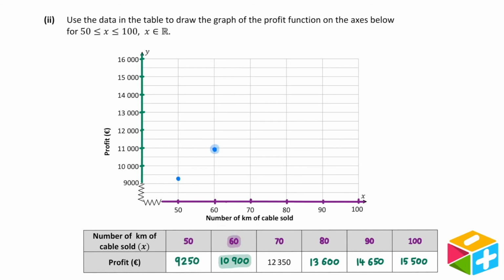The next point is (60, 10,900). The next point is (70, 12,350). The remaining points can be plotted in a similar way.